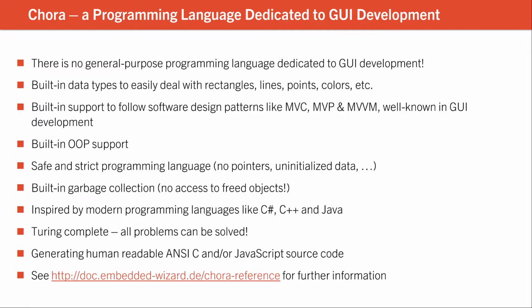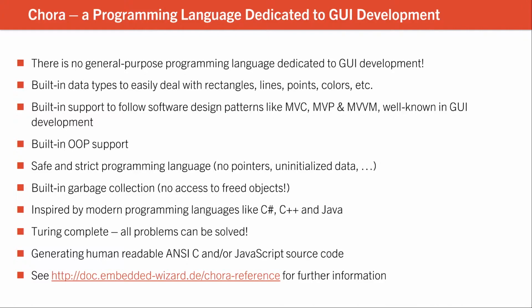But I really identified very fast that there's no general purpose programming language out there which is dedicated to GUI development. So Cora is a programming language which is dedicated to GUI development, as for example it supports built-in data types to deal very easily with lines, rectangles, colors, languages in terms of the language of the GUI, etc.